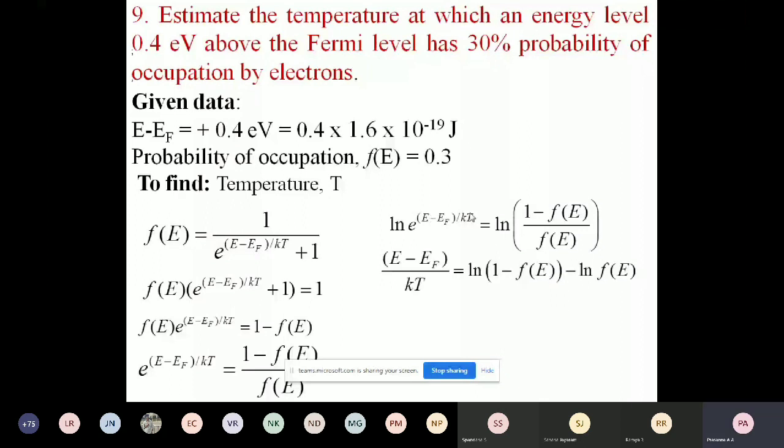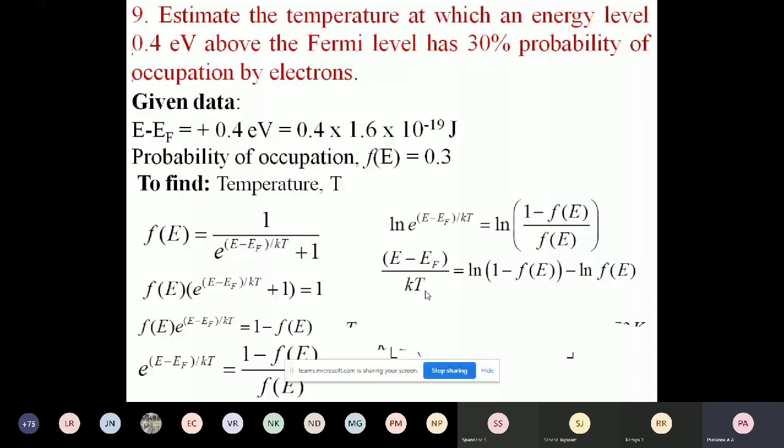And natural log of (1 minus f of E) by f of E. If you want, you can separate the terms or you can directly substitute also. So natural log of 1 minus f of E minus ln f of E. Now you need T, therefore just rearrange, you will get this expression.